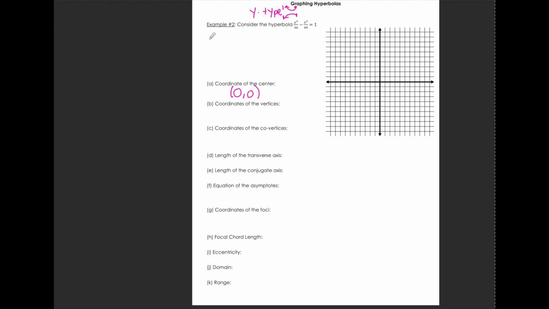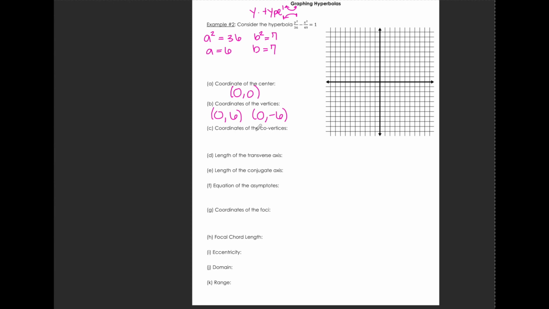I'm also going to figure out my a and my b values. So I know that a squared is equal to 36, which means a is 6. And I know that b squared is equal to 49, which means that b is 7. Since this hyperbola is opening up and down, my vertices are going to be a units above and below the center. So that's going to be 0, 6 and 0, negative 6.